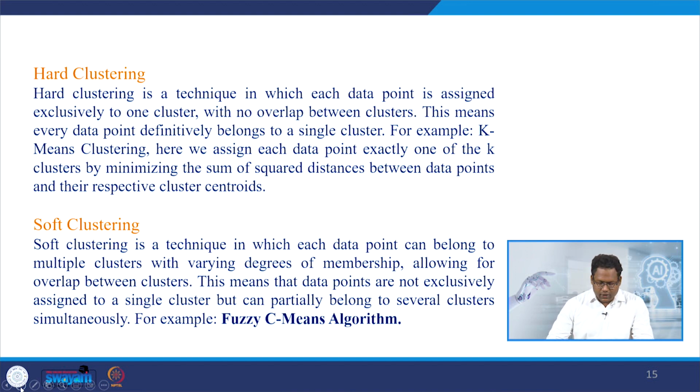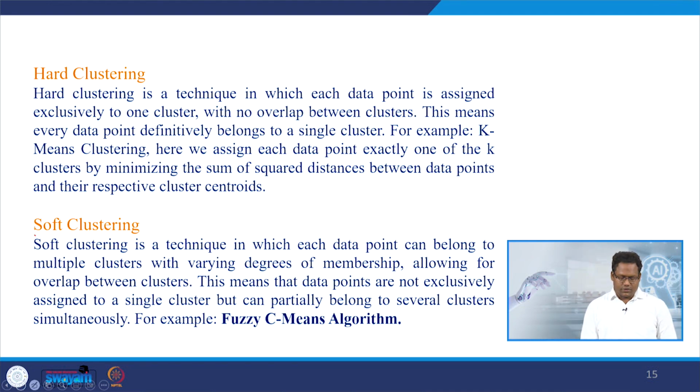For example, in k-means clustering, we assign each data point to exactly one of the k clusters by minimizing the sum of the squared distances, the Euclidean distance, between the data points and their respective cluster centroids. Thus, strictly each data point belongs to only one cluster.